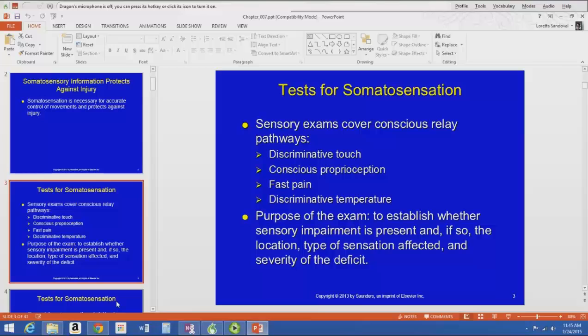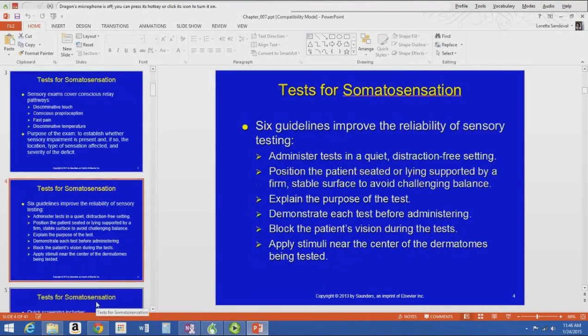Is it hot or is it cold? And the purpose of a sensory exam, we've talked about this before, is to establish whether there is sensory impairment present. And if so, what type of sensation is affected and what's the severity of the deficit.